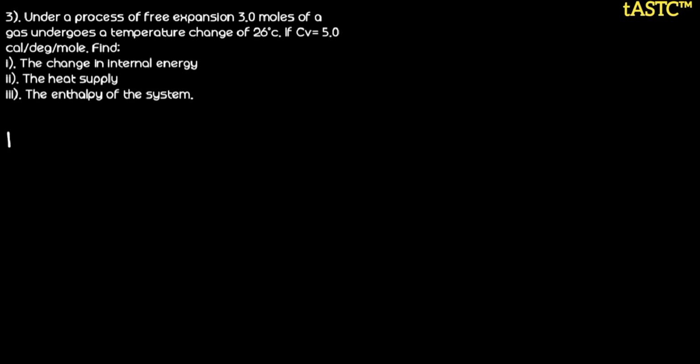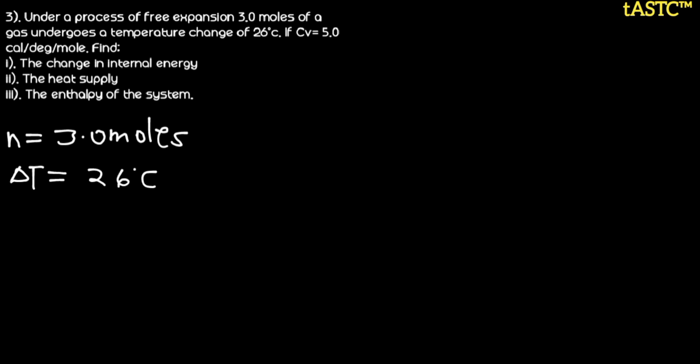So the first parameter that we have is the number of moles, and that is 3.0 moles. And we also have the temperature change. That is going to be dT. dT is equal to 26 degrees Celsius.